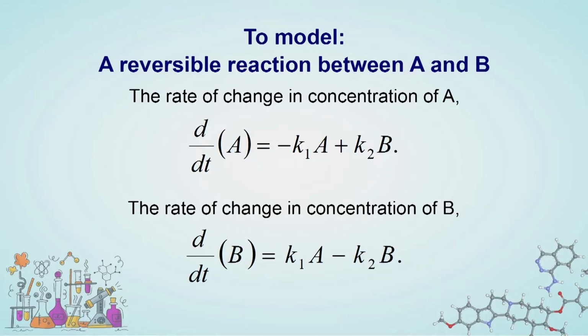This simple reversible equation is transformed into an ODE by defining the rate of change in A with respect to time t, which is dA by dt, and similarly the rate of change in B, which is dB by dt. This is just an ODE.